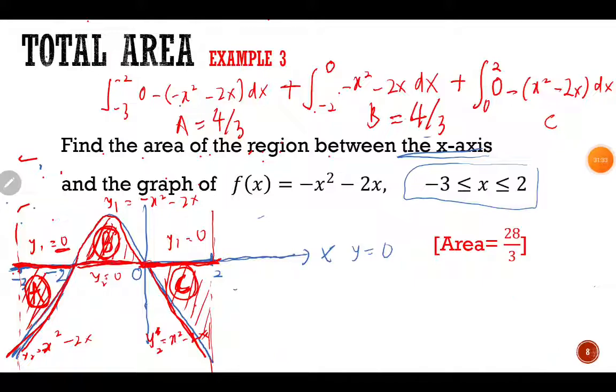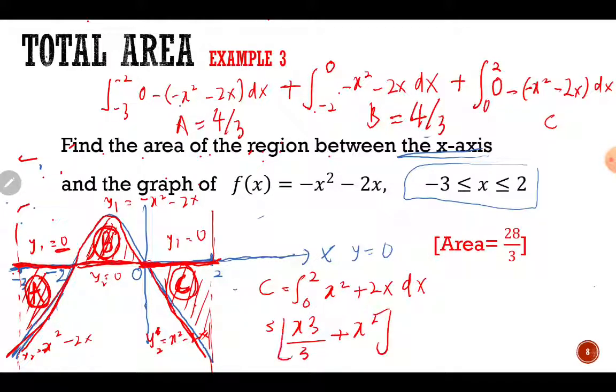Okay, untuk C pula, integration is from 0 to 2. 0 tolak dengan tinggal ni, negatif x square minus 2x. So, jadi x square tambah 2x dx. So, we have x cube over 3 tambah dengan x square macam tadi juga. So, here we have 0 to 2. So, we have here jawapan dia.